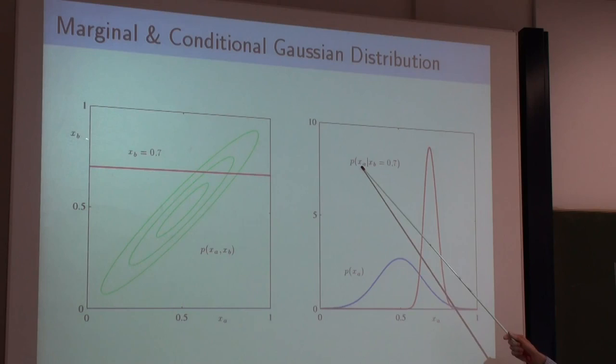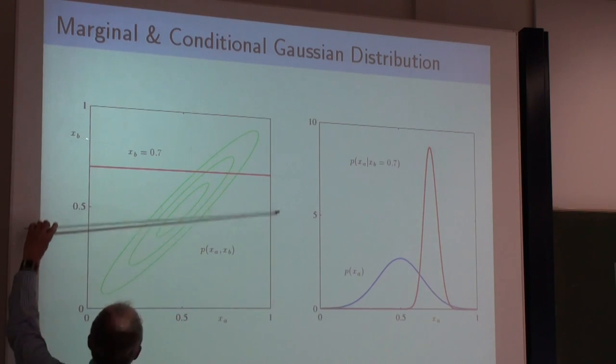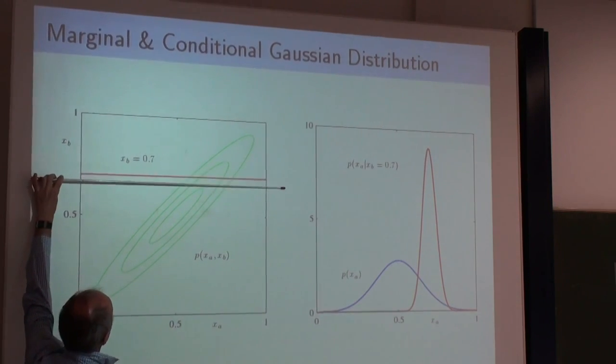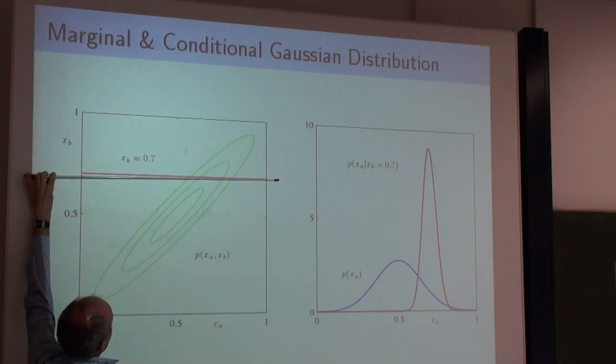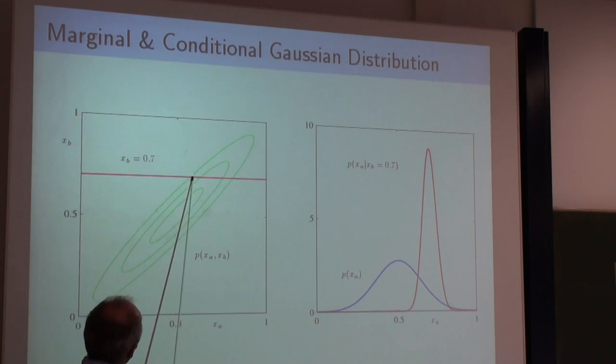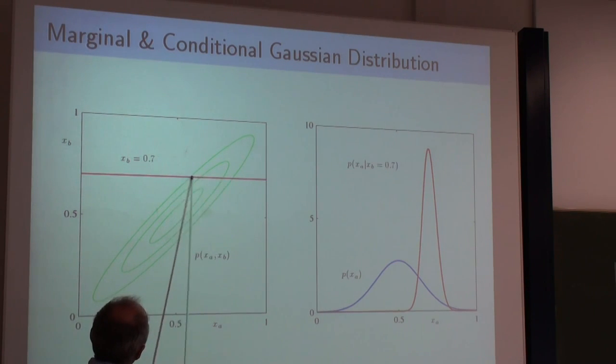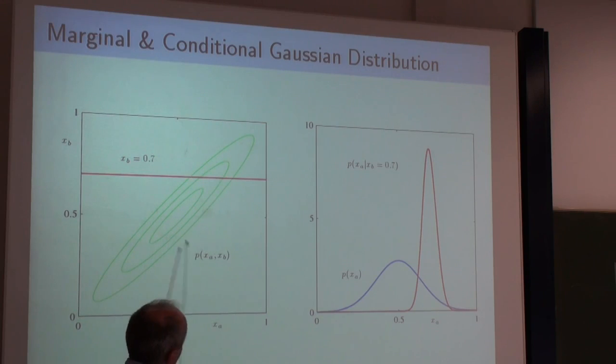So given that xb is equal to 0.7, what we get is a cross-section at this line. And this cross-section, of course, is a distribution which is much more narrow, with a small standard deviation around this point.